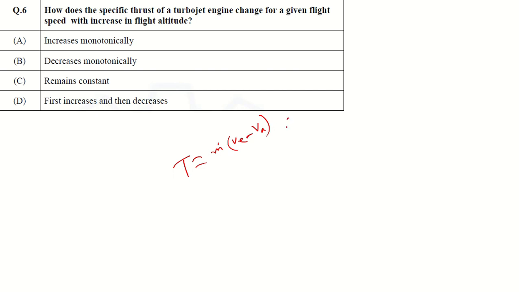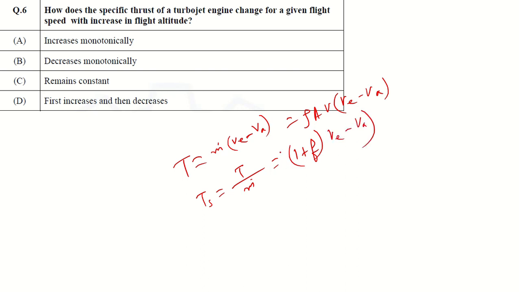We can write rho A V (VE minus VA), because mass flow rate is density times area times velocity. Specific thrust is T by m, thrust by mass flow rate, which is equal to (1 plus f) times (V minus VA). Here f is the ratio of the mass flow rate of hot to cold gas. So we have to find the specific thrust of a turbojet engine.